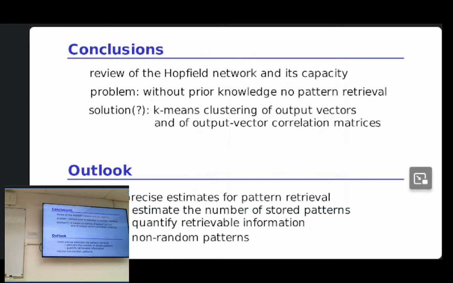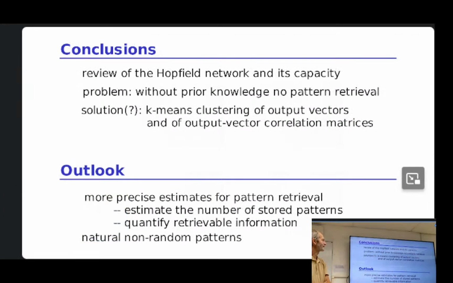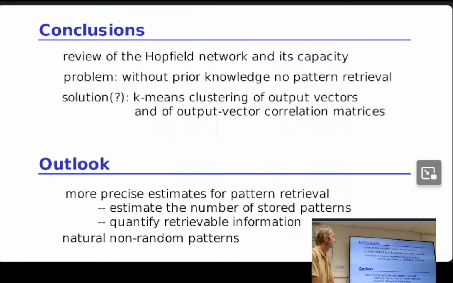Okay, so these are the conclusions. We first reviewed how this Hopfield network works and how you can estimate its capacity. The problem with this network is that without prior knowledge, you cannot really retrieve the patterns which are stored there.